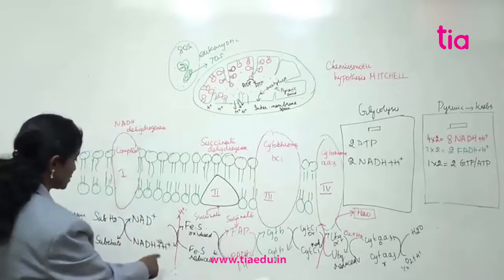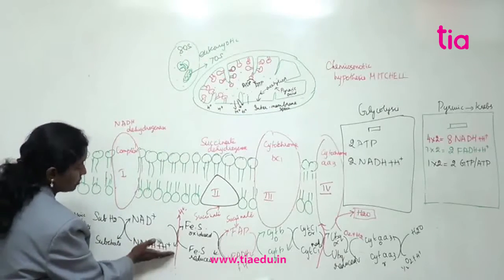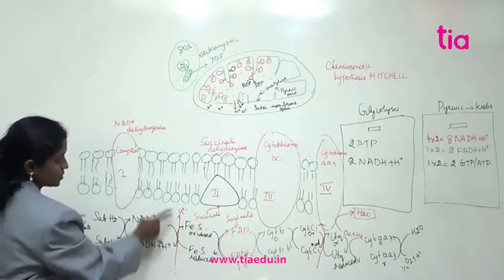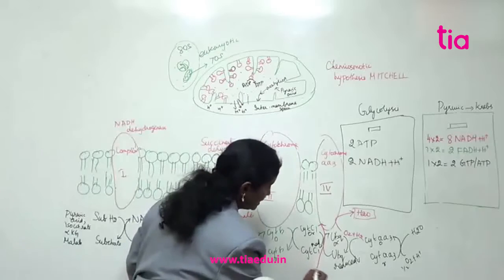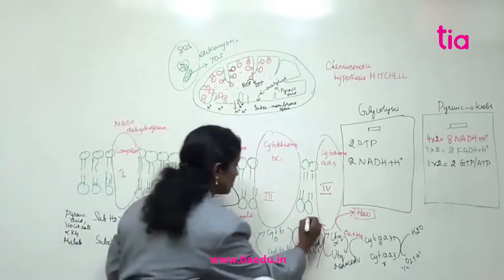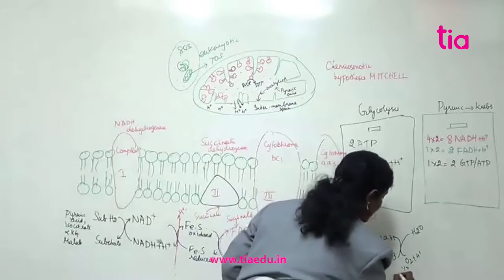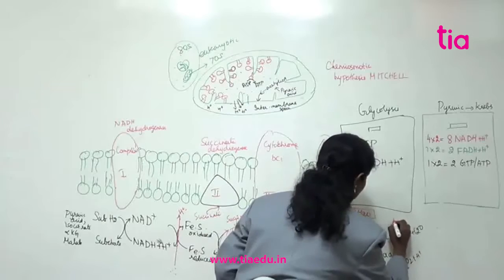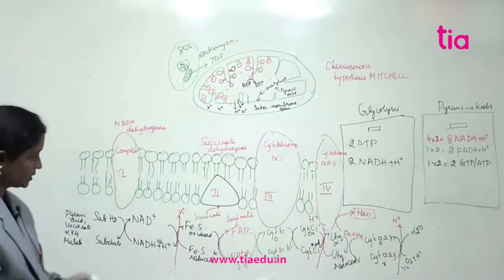Already we said one proton is pushed out from the inner membrane towards the intermembrane space once here, then once more after BC1. Then also towards the end, from cytochrome AA3, there is going to be proton shuffling.